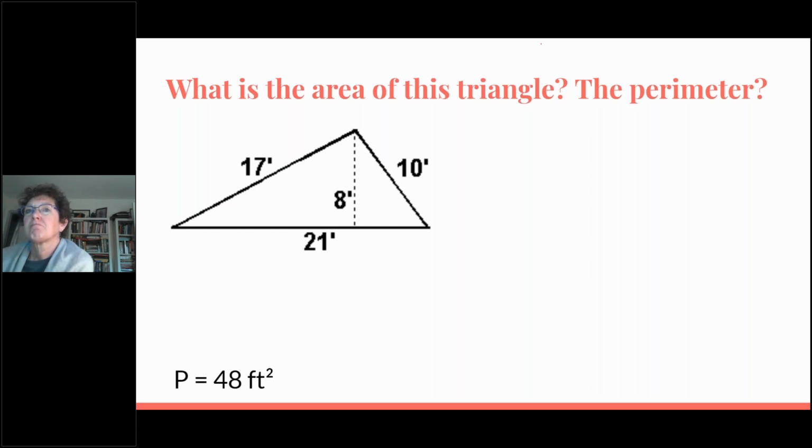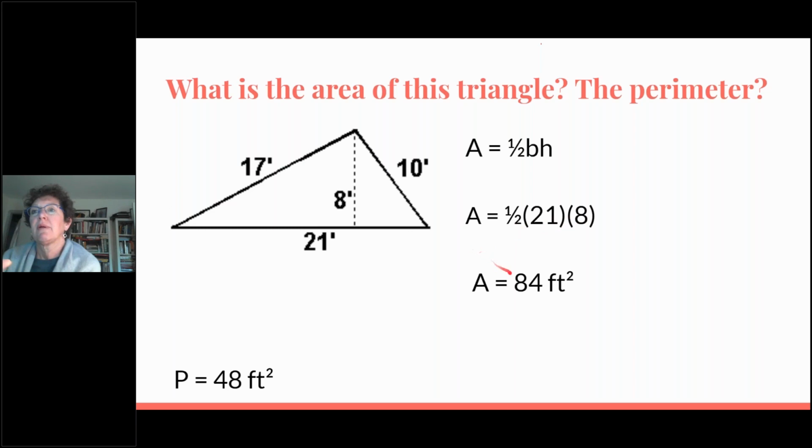The area is 84. Is it 84 feet? 84 square feet? 84 feet squared. So the area is exactly what you said. There's the formula, and we substitute in 1/2 times 21 times 8, and we get 84 feet squared.